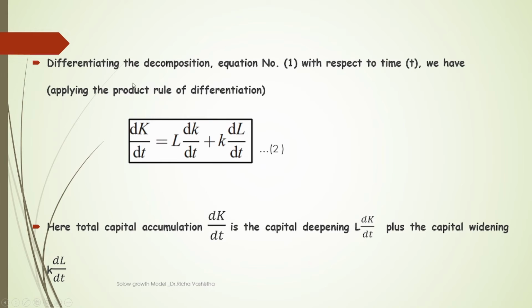So when we differentiate that equation, equation number 2 comes out as the capital accumulation equation, showing that it is the summation of two parts. We have already studied how capital accumulation is decomposed into two parts: the first is the capital deepening part and the second is the capital widening part. This has been done with the help of differentiation and the product rule, and we get this concept in mathematical form.